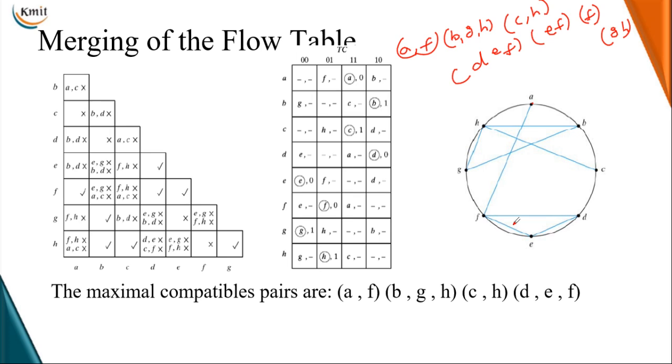So we have a total of two triangles here. AF is only two-state compatibility, DEF is three-state compatibility, BGH is three-state compatibility, and C and H is two-state compatibility. So the maximal compatible pairs are AF, BGH, CH, DEF.